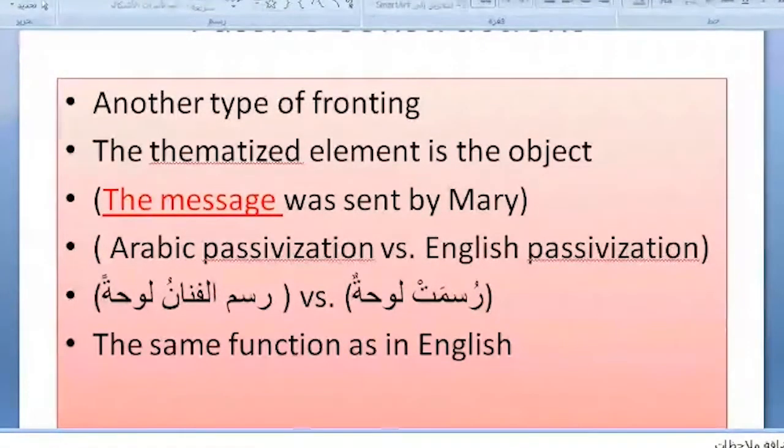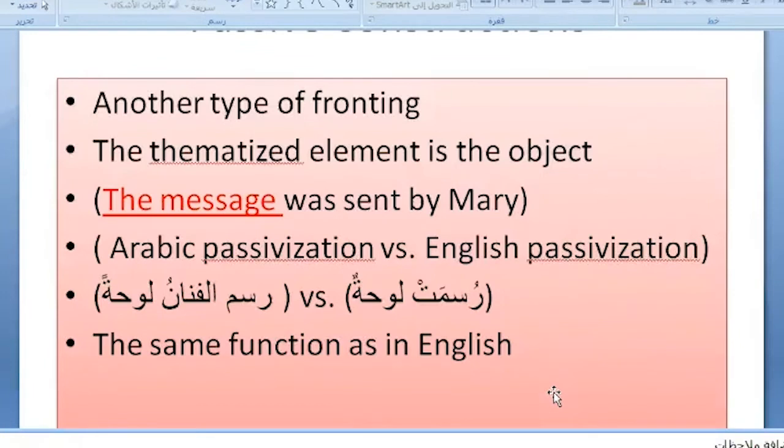Sometimes I am scared of mentioning the agent, especially in politics or in religion. That's why speakers or writers use the passive voice. And you have this point here, the same function as in English. It means the function of passivization in Arabic is also true as the function of passivization in English.